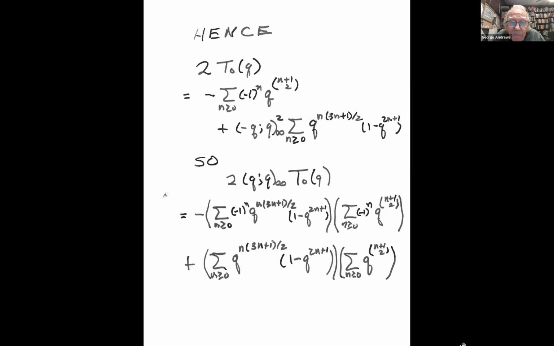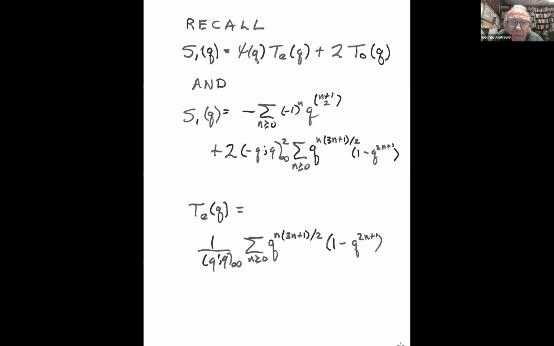And so 2TO of Q, wait a minute, that was, so the expression at the bottom of the screen is the one that follows from putting all of this together.